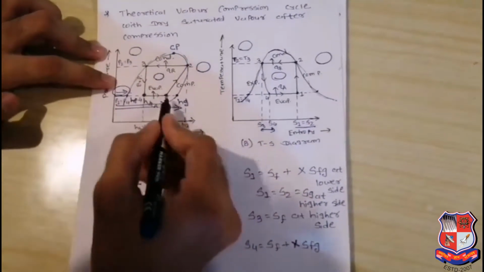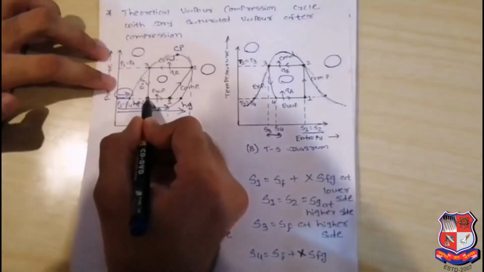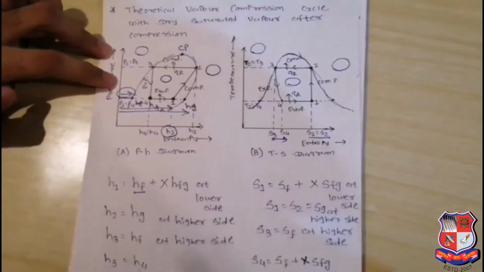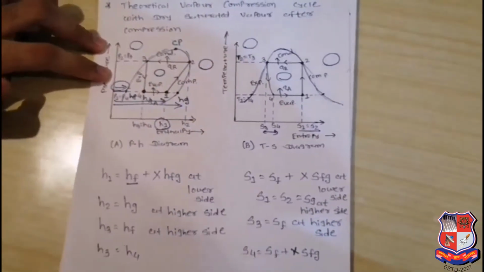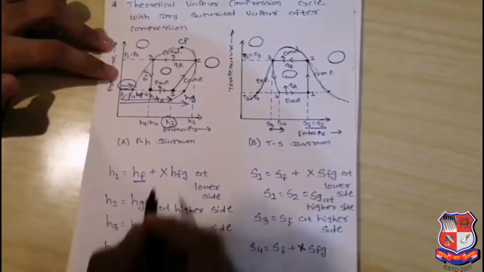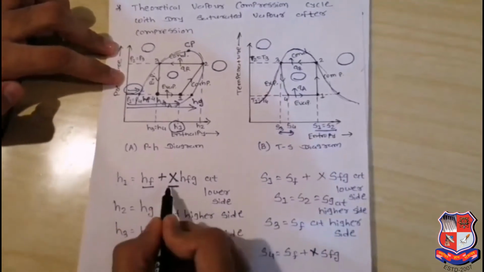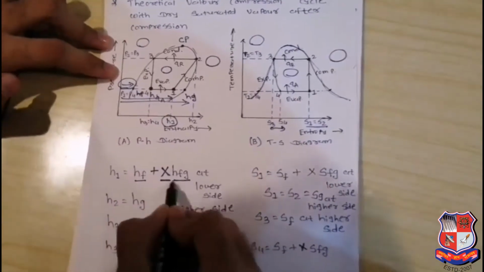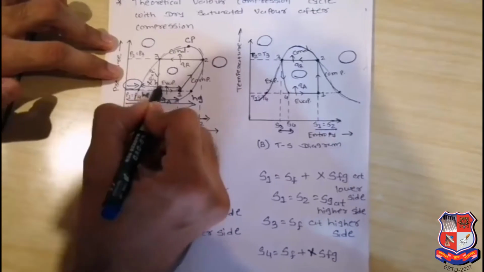After the first point, the wet region is there, where dry saturated liquid tries to convert into dry saturated vapor, so phase change is happening. In this wet region, latent heat will be considered, and dryness fraction is also present, so we add the dryness fraction, which is X. X indicates how much vapor is present in the liquid refrigerant, and Hfg means latent heat, so that portion is X times Hfg.